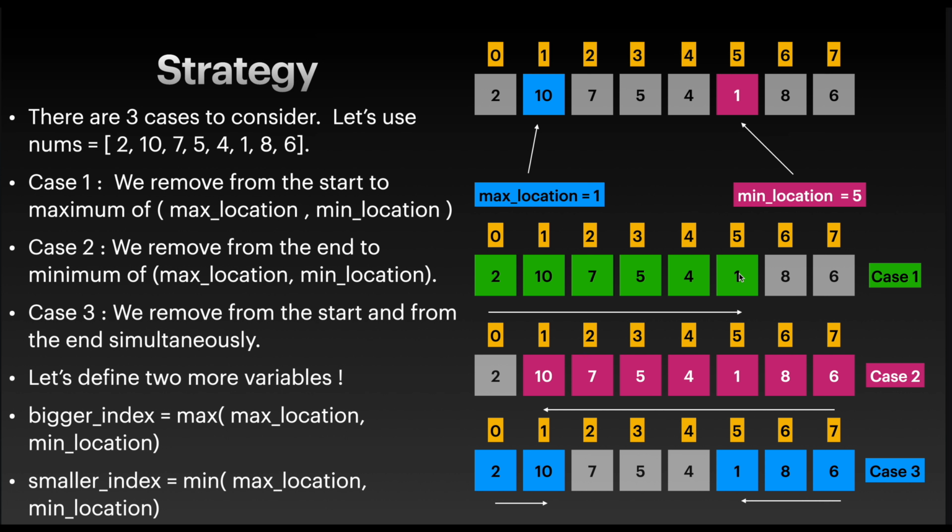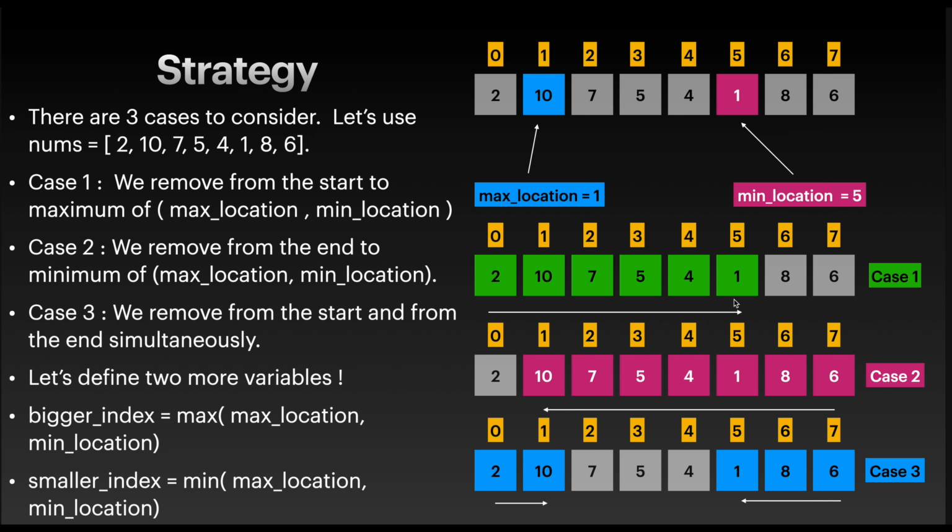In this case, because min location is bigger than max location, we'll be popping 0, 1, 2, 3, 4, and 5. To determine this, we can just use the max: we take the maximum of these two numbers and pop all the numbers from 0 to that maximum. So that's case 1.